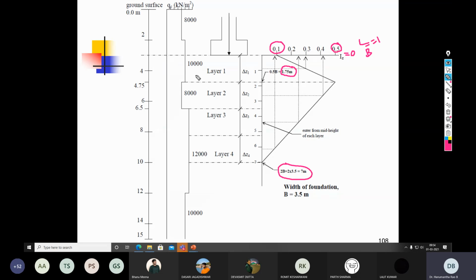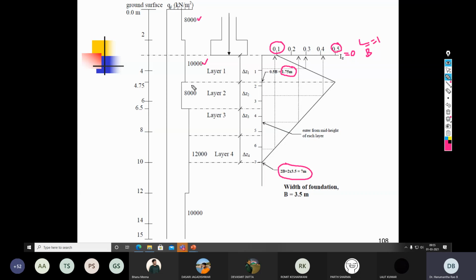Next, you superimpose the cone penetration value if it has been given, or the elastic modulus of the soil if it has been given. Now, if I look at my profile of QC, that is cone penetration resistance, up to a depth of 2 meter it is 8,000 kilopascals from the ground surface. From 2 to 4.75 it is 10,000, and 4.75 to 6.5, 8,000, and 6.5 to 12, 12,000, and below 12 it is 10,000.